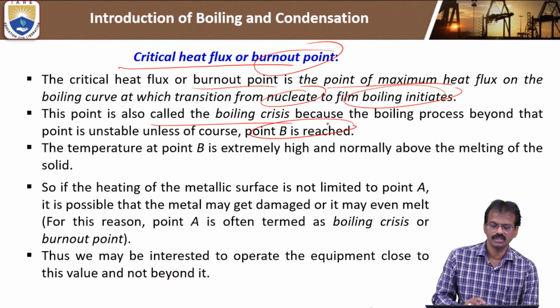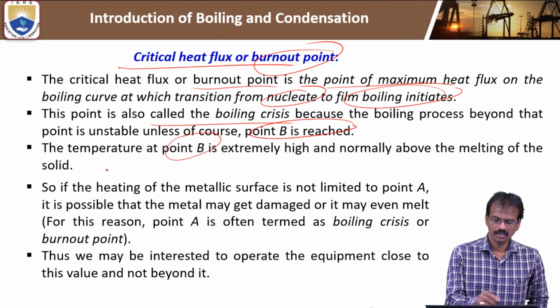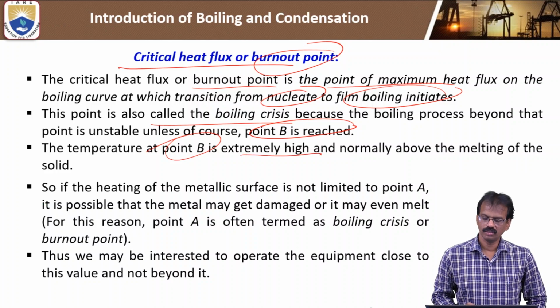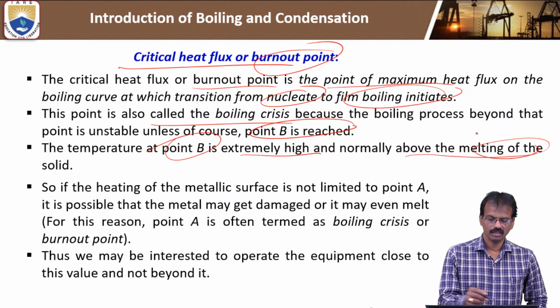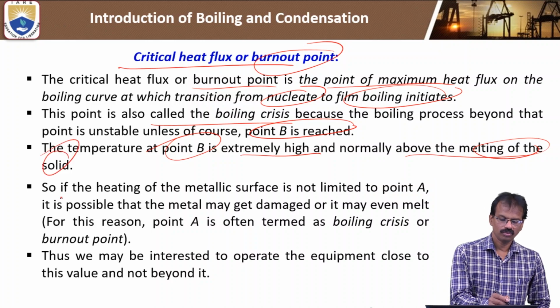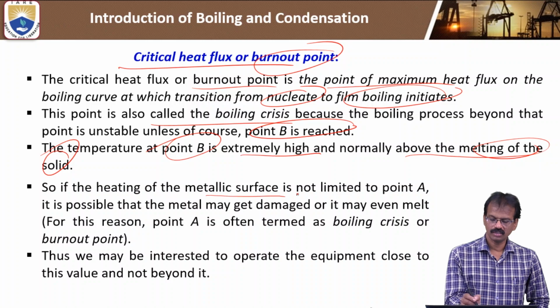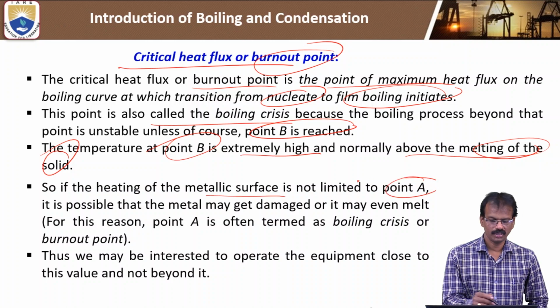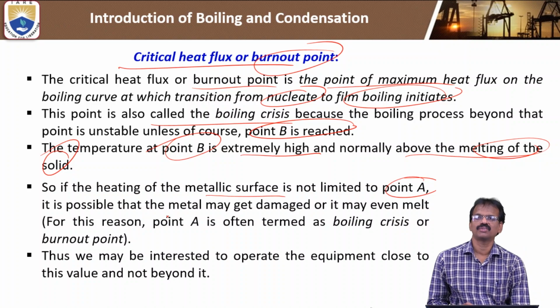curve B is reached. Okay, the temperature at this point B is extremely high because of the heat flux, normally above the melting of the solid. So if the heating of the metallic surface is not limited to point A, it is possible that the metal may get damaged.